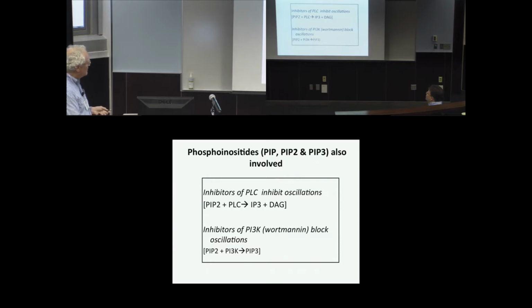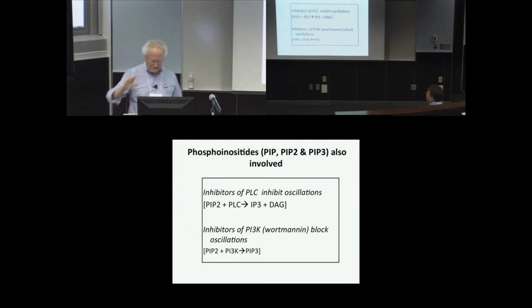Also, inhibitors of PI3 kinase, Wortmannin and another one I'm forgetting, block oscillations. What that does is the kinase, PI3 kinase, converts PIP2 to PIP3, where we have 3 phosphates on the inositol head group of the phospholipid.